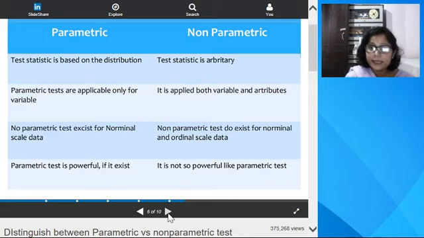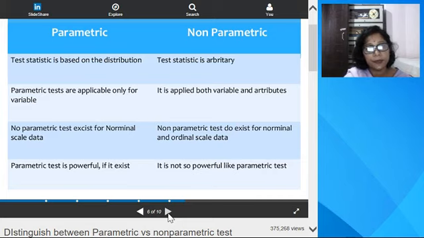And regarding the scale of measurement, you all know there are 4 scales of measurement: nominal scale, ordinal scale, then interval scale and ratio scale. These scales of measurement are also related to the parametric and non-parametric statistics, you know. So these parametric tests are based on interval scale and ratio scale only.